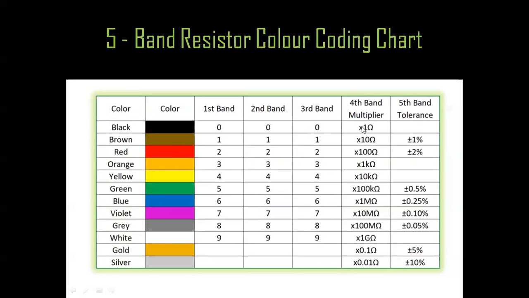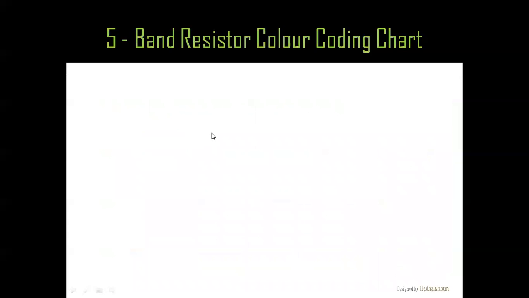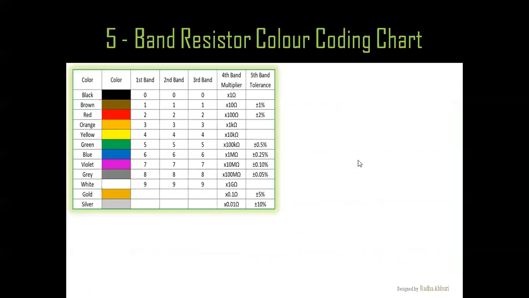Likewise, you have multiplier and tolerance mentioned in the next 2 columns of the table. Now, depending on the color of these 2 bands, again 4th band and 5th band, the values of these parameters also change. Now, let's have a look at an example which clearly tells us how to calculate the value of a 5-band resistor.